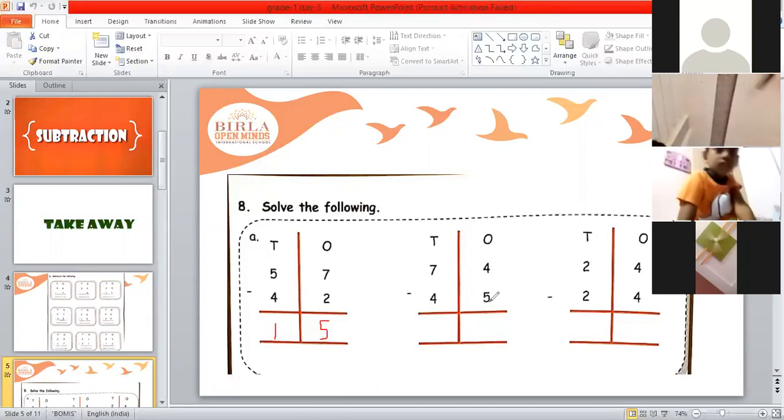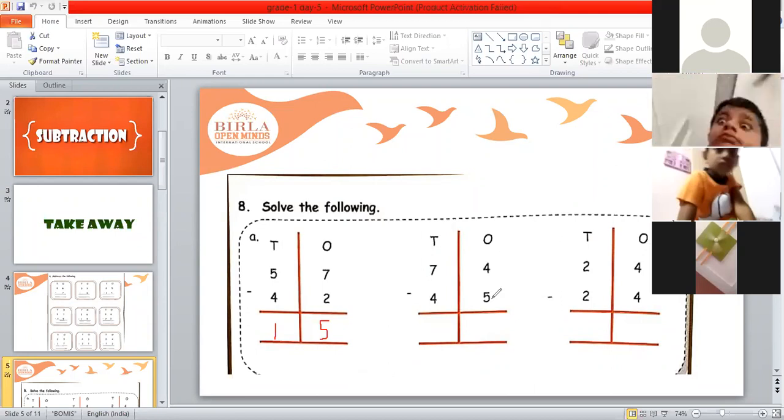So that's why we were able to do subtraction easily. But here, if you look at the numbers in ones place, our first number is smaller than the second number. Our first number is 4 in ones place and our second number is 5. So our first number is smaller than the second number in ones place.